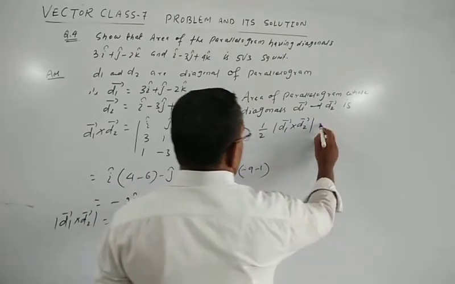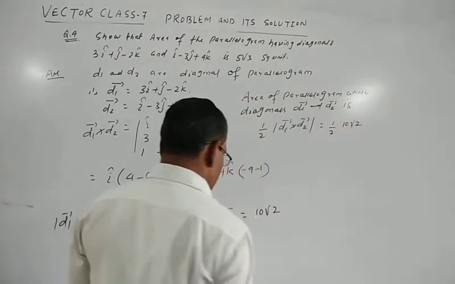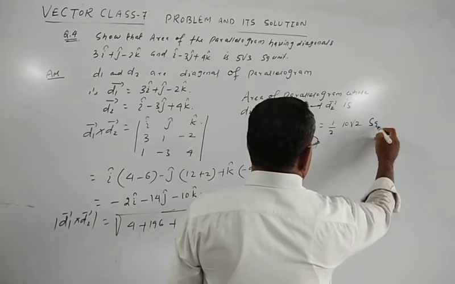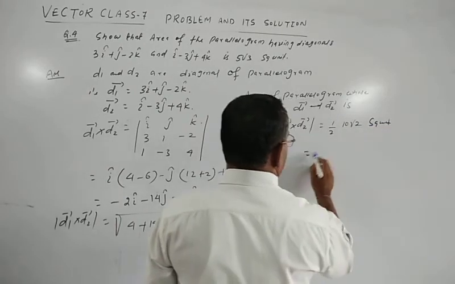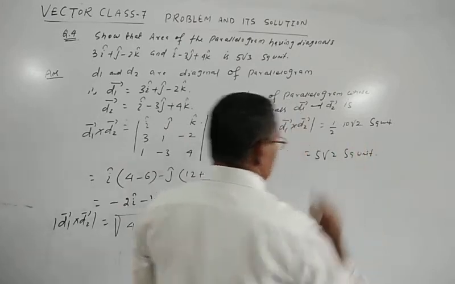This is equal to half into 10 root 2 square unit, so this is equal to 5 root 2 square unit.